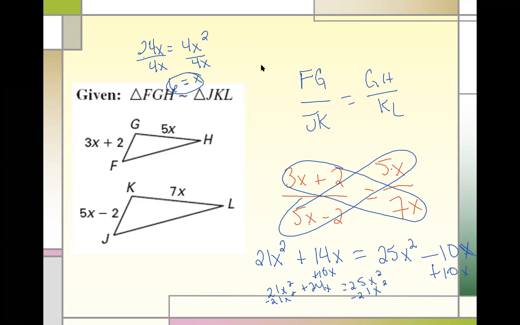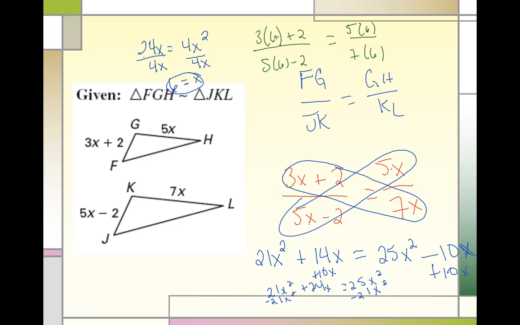Okay, we'll plug it in into our equation. So we have 3 times 6 plus 2 over 5 times 6 minus 2 is equal to 5 times 6 over 7 times 6.